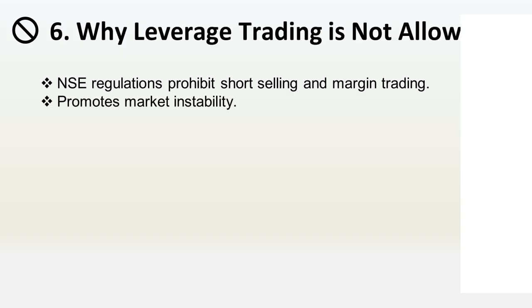Either they pay from their pocket or you give them money. So if you have a loan with AIB trading space, it means you have to pay that money. That's what is called leveraged trading. You are trading on credit or you are selling what you don't have. It promotes market instability because you are selling what you don't have and buying with money you don't have.